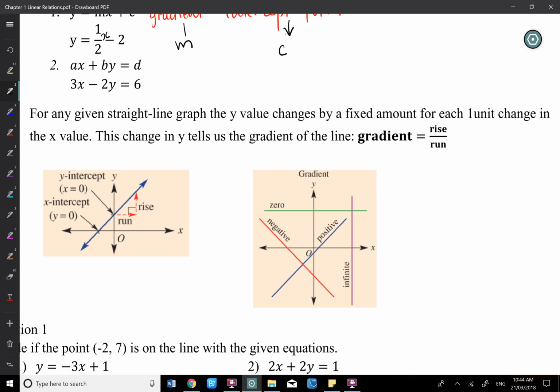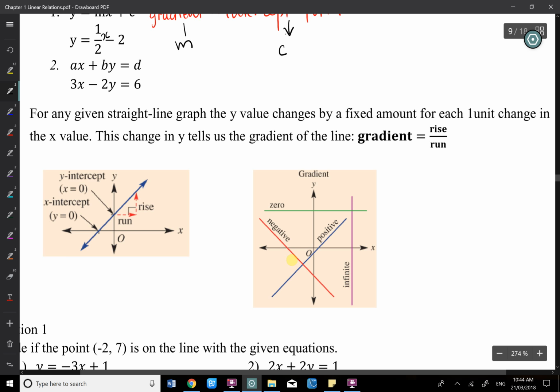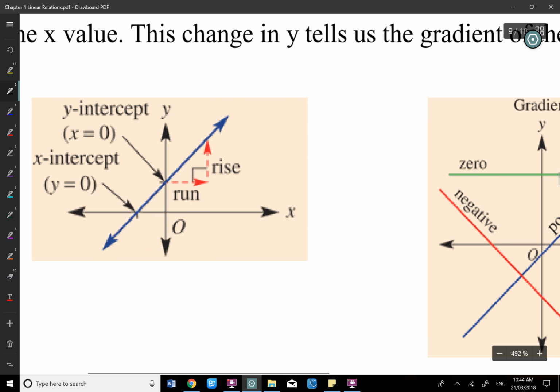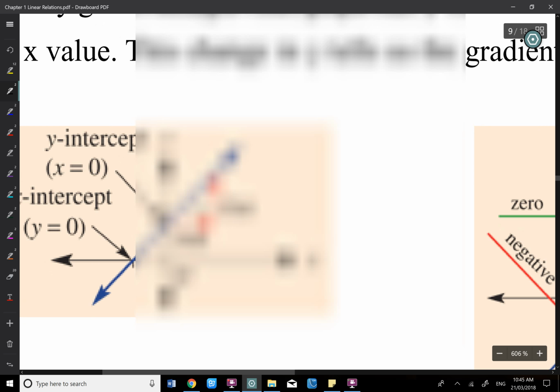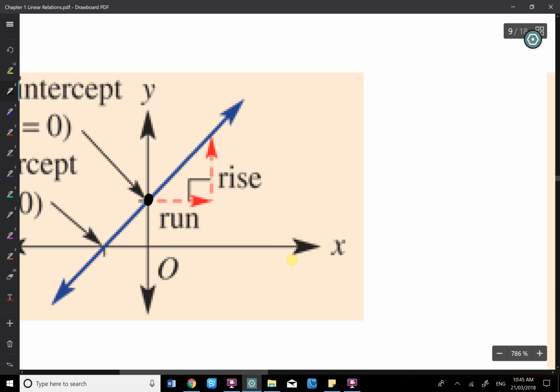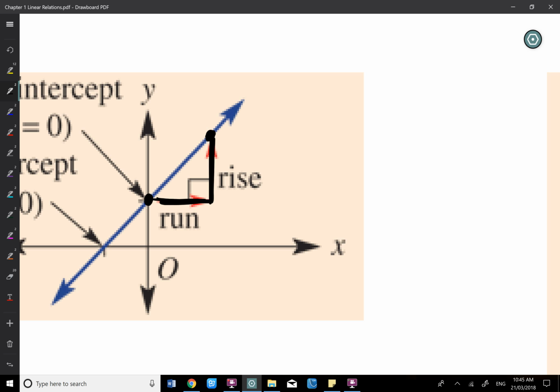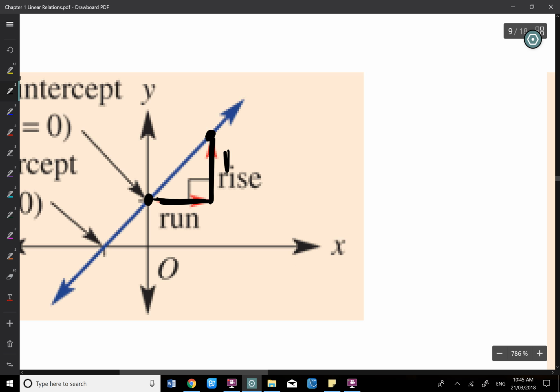So for any given straight line graph, the y value changes by a fixed amount for each 1 unit change in the x value. So if you look at a given linear, for example this one, from this point to this point, that's 1 unit of x change, and then we get some change in y value. It moves to the right by 1 unit and it moves up by, for example, 1 unit as well.